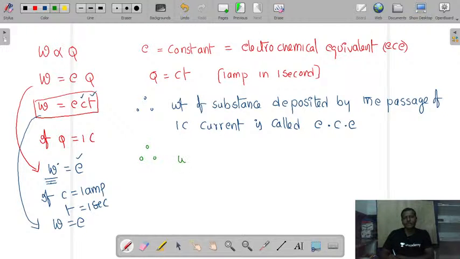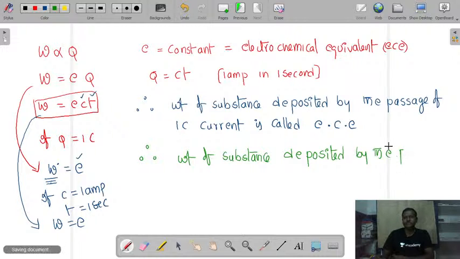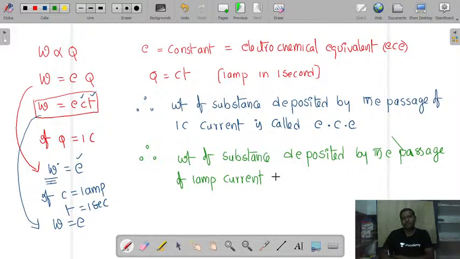Therefore, electrochemical equivalent is also defined as the weight of the substance deposited by the passage of 1 ampere current in 1 second time is called electrochemical equivalent.